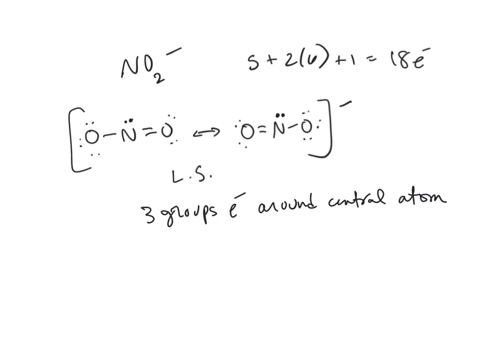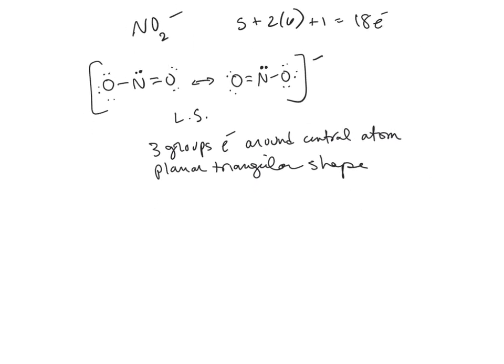And so you look in the table, or you've got it memorized. The shape is going to be planar triangular shape. And that's not the name of the shape. That's just how you're going to draw it. Okay. So you would do this. Rabbit ears.